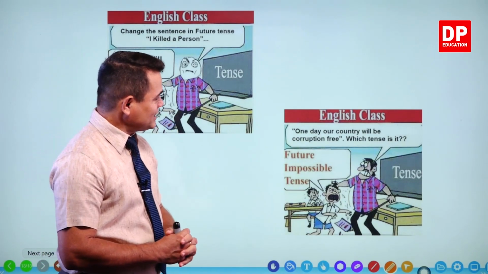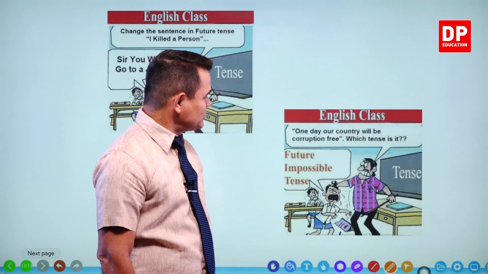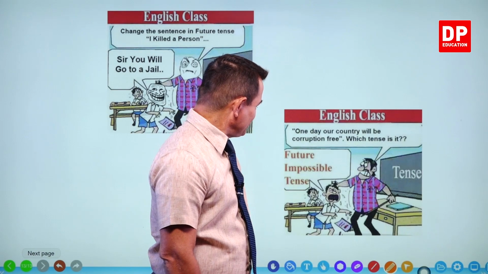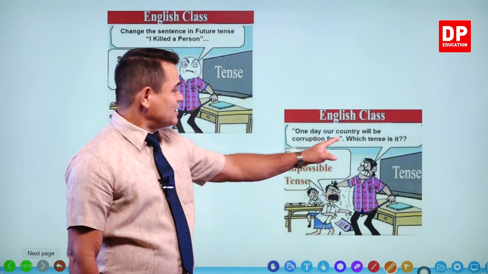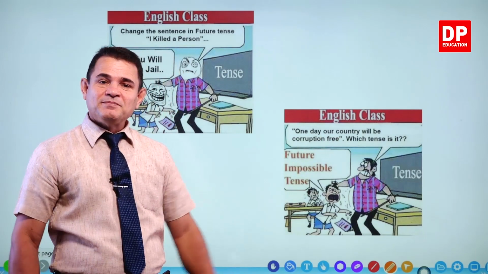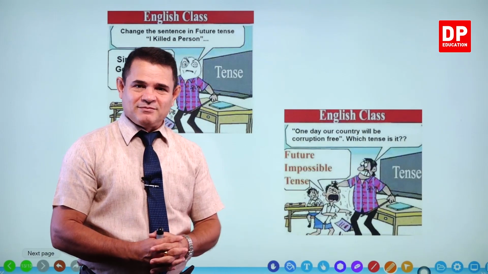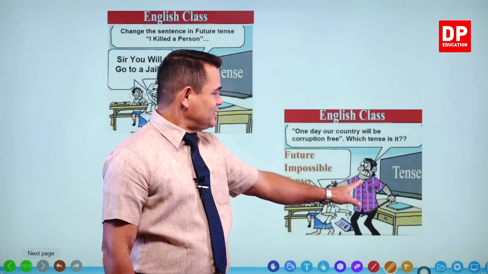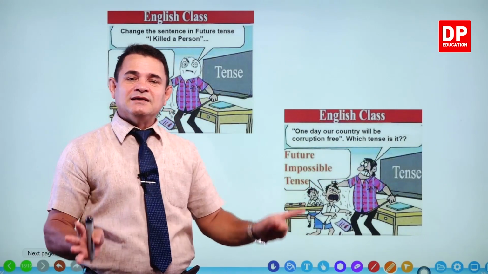And also there's another nice joke. One day our country will be corruption free. Which tense is it? Future impossible tense. That means one day our country will be corruption free. දූෂිත කිසිම දූෂණයක් නැති හොඳ ලස්සන රටක් වෙයි අපේ රට. ඒ වාක්‍ය කියලා අහනවා මේ මොන ටෙන්ස් එකෙන්ද? මෙයා කියනවා future impossible tense.